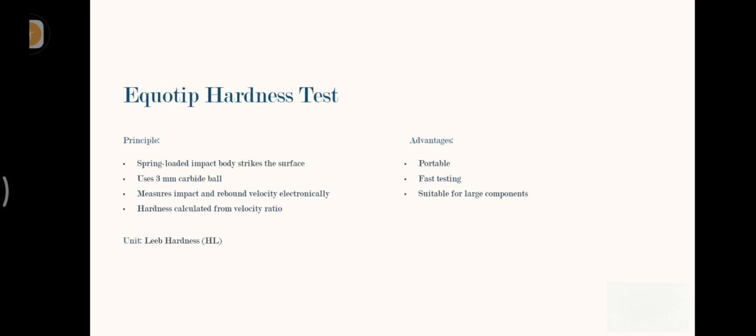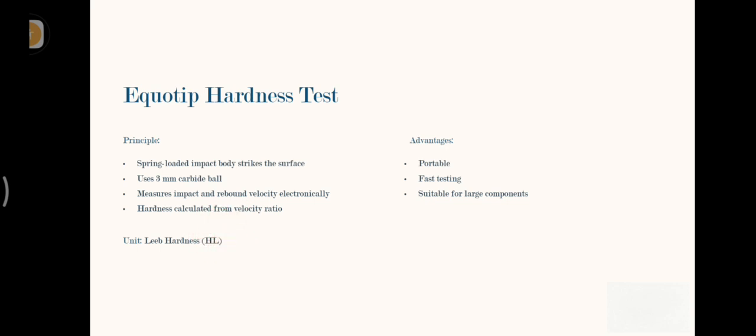There is a machine called the Equotip machine. We can measure easily by noting the value, and the hardness can be calculated from the velocity ratio V2 by V1, the velocity without the specimen and with the specimen. The main unit is Leeb hardness, which is termed HL in short form.